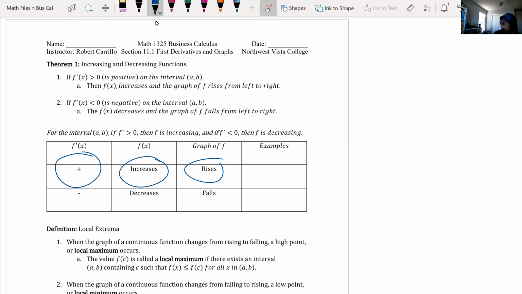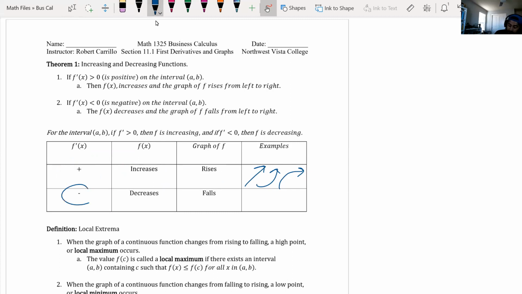So examples of increasing graphs would look something like this, up and to the right, or curve up and over. Those are all examples of increasing graphs. Okay. And then the second part says if the derivative is negative, then this means that the original function would decrease and the graph would fall from left to right, as stated in the chart as well.